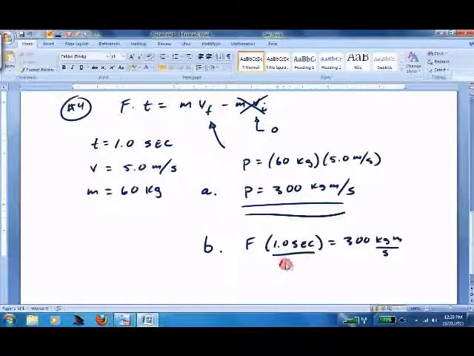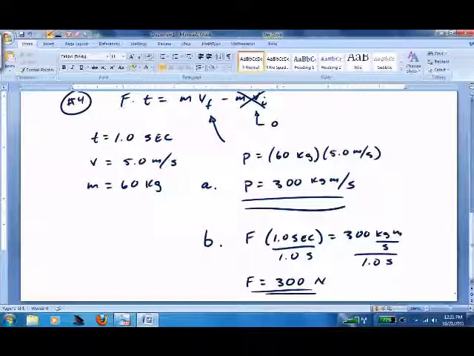So we divide both sides by 1, which we really didn't need to do. And we get force is equal to 300 newtons. Don't like my zeros. There we go. That's it.